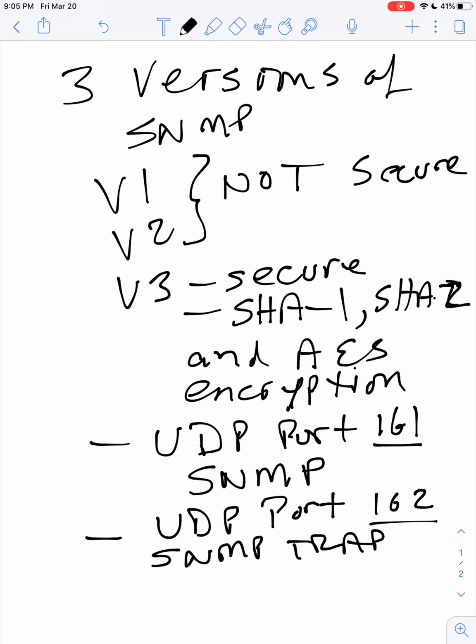What the trap does is the device that we're querying, the router or the switch, when something hits a trigger, we'll say hard drive space fills up, or there's a network error, CPU utilization hits 100% or 99% or some number, that is an exception. That SNMP trap will be sent back to this computer that runs this database and says, here's an error on this device.